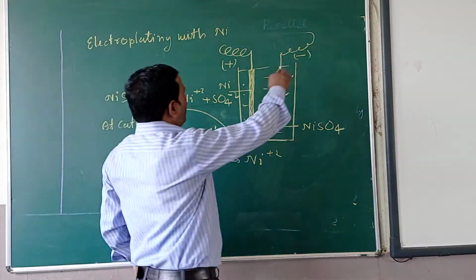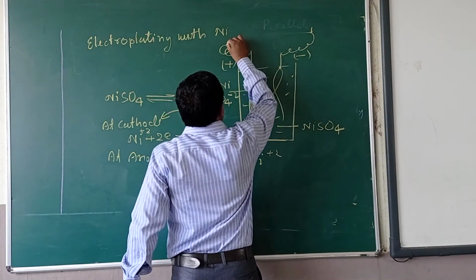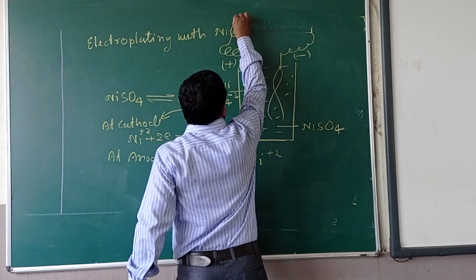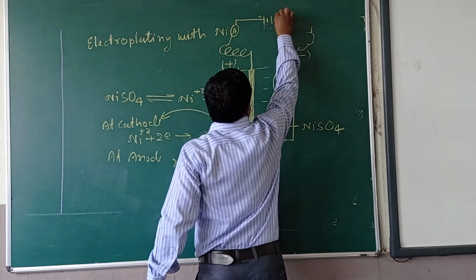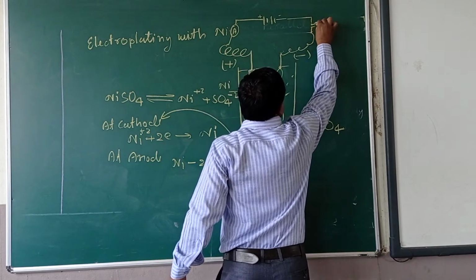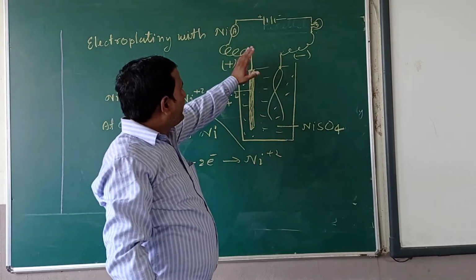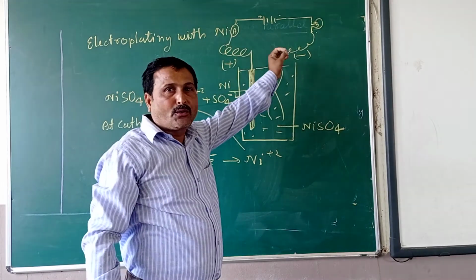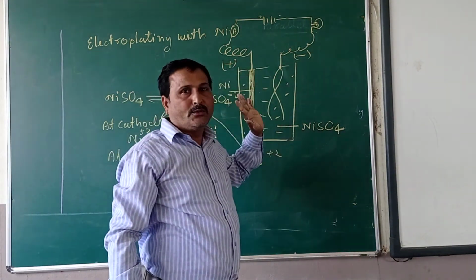Here the role of the bulb in this connection, with ammeter and battery, is that it indicates that your reaction is going on. If not, it means either your anode is used up or your electrolyte is over.